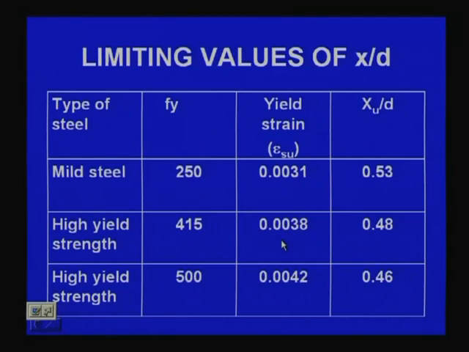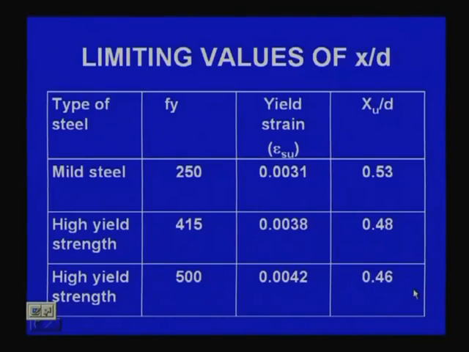So, please note for concrete 0.0035, and in most cases we use Fe415. So, we should note the limiting strain, which is nothing but 0.0038. At least you should remember these two values, 0.0035 for concrete and, for the steel most used, Fe415, 0.0038.